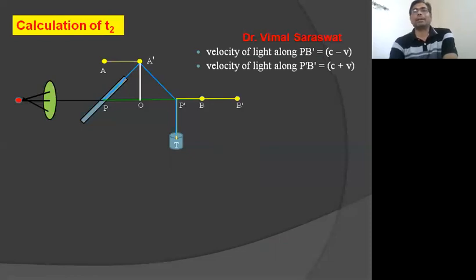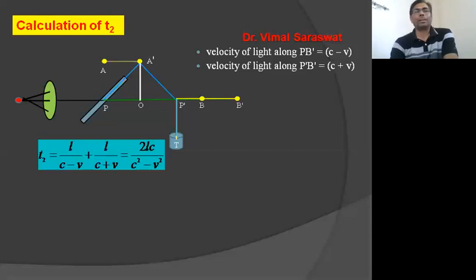And the relative velocity of light along B'P' is equal to c + v, because both are moving in opposite directions. So the time T2 is equal to L upon c − v plus L upon c + v.